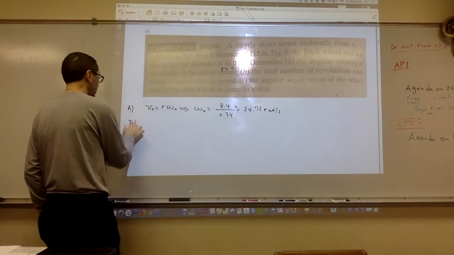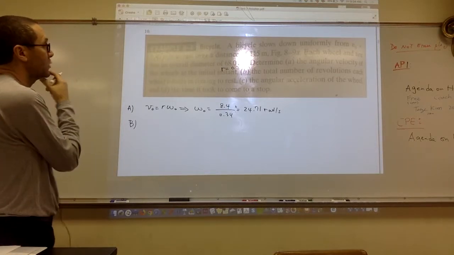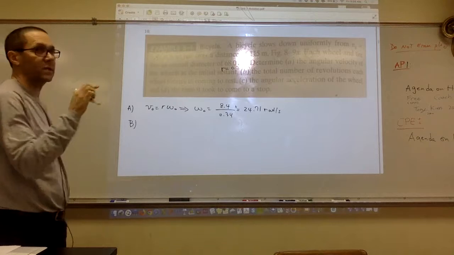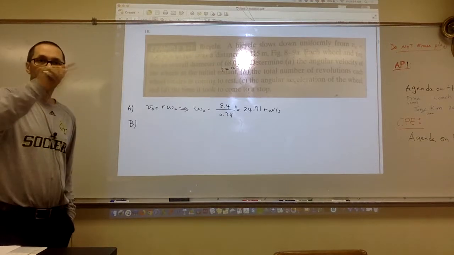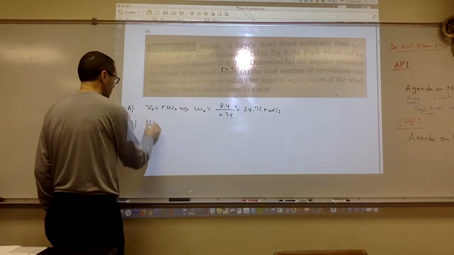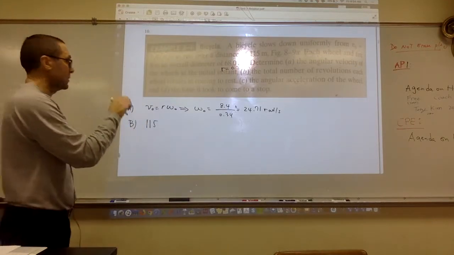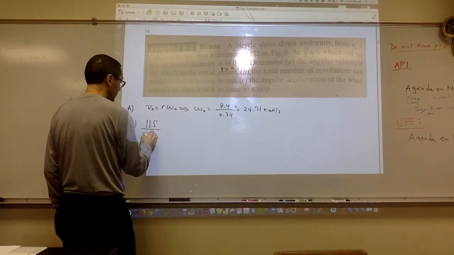For part B, if you think about that, we're trying to find the total number of revolutions, but we covered a bunch of circumferences as we're traveling. So we covered this much distance, right? This many circumferences, and each circumference is 2 pi r.